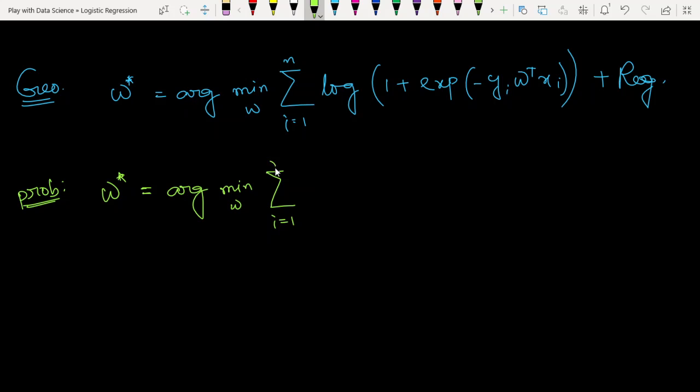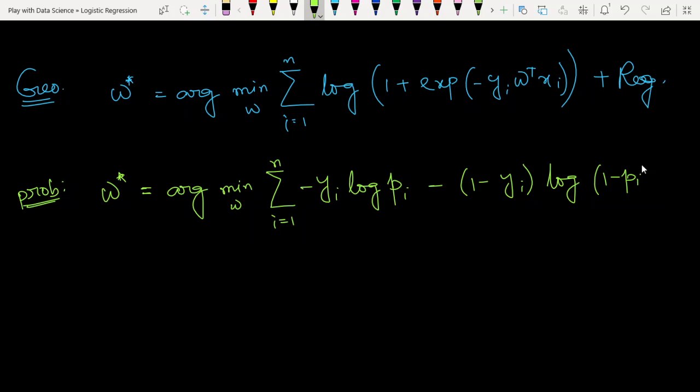The summation from i equal to 1 to n of minus y_i log of p_i minus 1 minus y_i log of 1 minus p_i, plus the regularizer term. Some books use probabilistic equations, some books use geometrical equations. So don't be confused about it.